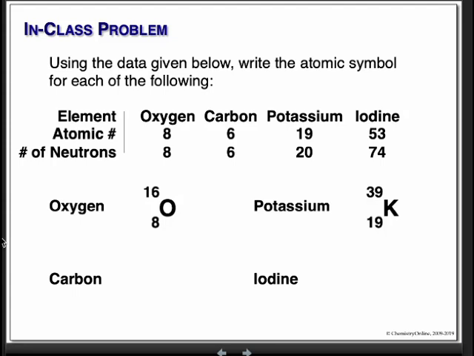Carbon, 6 and 6 is 12. That's the mass. That's the symbol. And finally, the one that I always get wrong is iodine. Symbol is I. We have to add those two together. That's 127, right? Okay. With 53 as our atomic number.